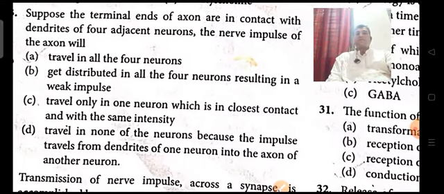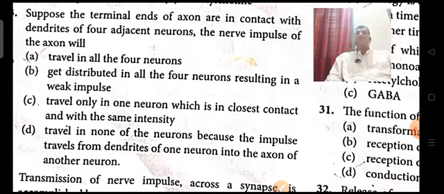The nerve impulse of the axon will travel in all the four directions, get distributed in all the four neurons, resulting in a weak impulse; or travel only in one neuron which is in closest contact with the same intensity; or travel in none of the neurons because the impulse travels from dendrites of one neuron to the axon of the other. So here the nerve terminal ends of an axon contact with the dendrites of four adjacent neurons.